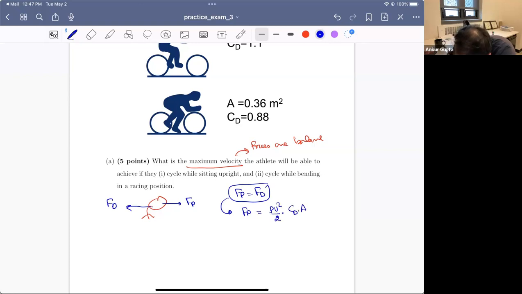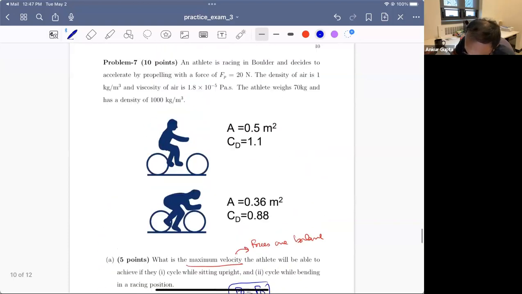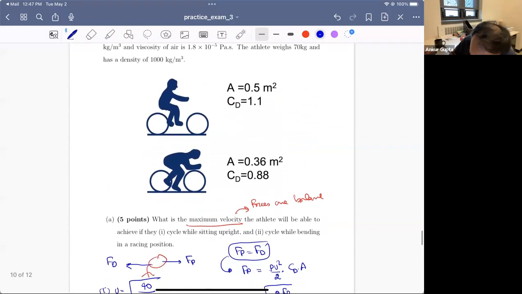So this simply becomes u is equal to the square root of 2 times FP by rho times CD times area. And this essentially becomes your velocity. So for when they're sitting upright, this becomes square root of 40 divided by 1. Rho is 1, right? Density is 1, air.